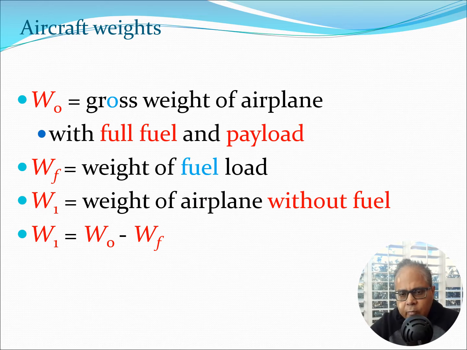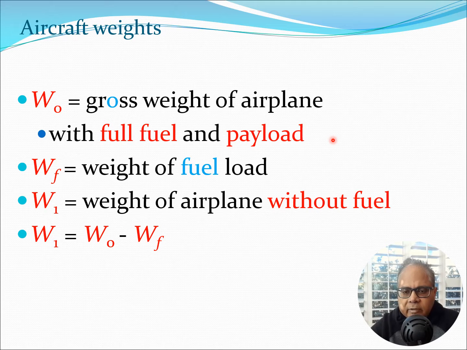Before we do that, let us look at various weights with respect to an aircraft. When the aircraft takes off, it has a weight of W subscript 0. This is the gross weight of the airplane. You can remember gross with this 0 or O here, and gross weight is the full fuel and payload weight. So it's the completely full aircraft with passengers, with fuel and so on.